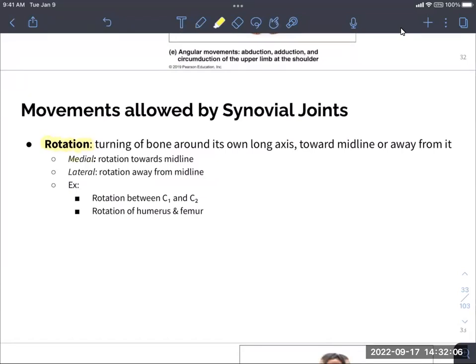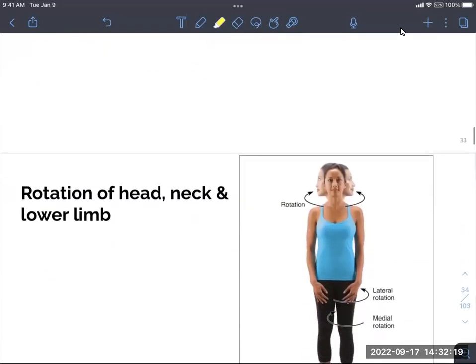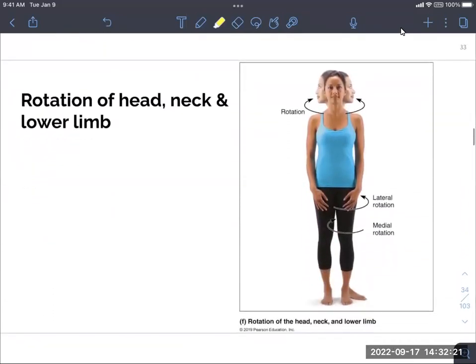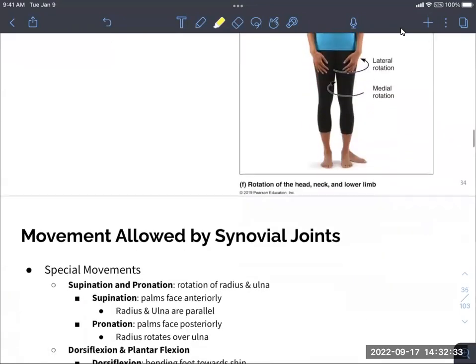So we can have medial rotation, which is rotation towards midline, or lateral rotation, which is rotation away from midline. As I said, we can rotate our head to say no. We can rotate our legs to turn out or turn in. That is rotation.